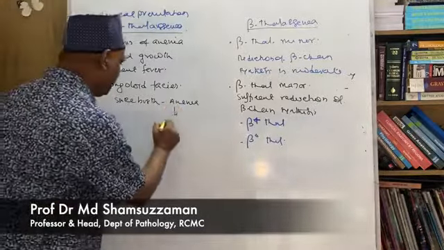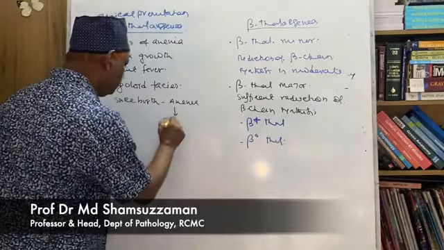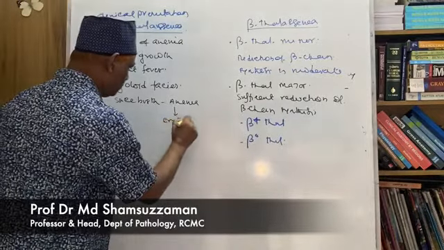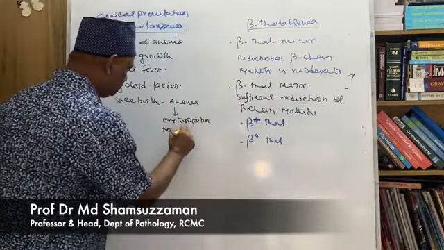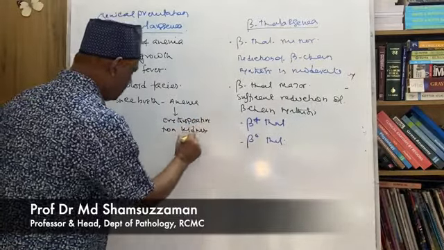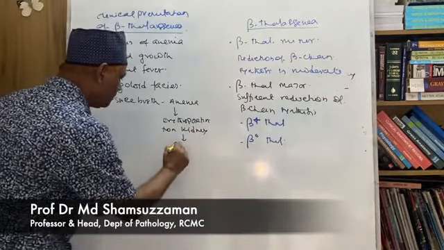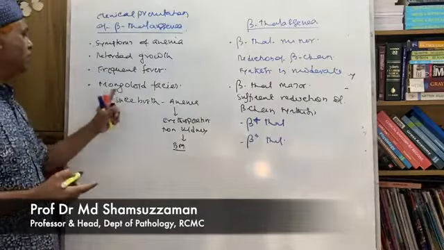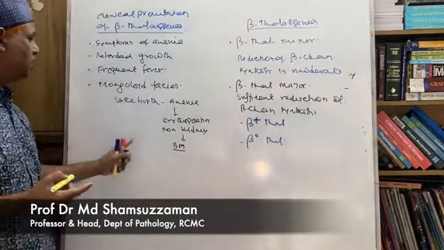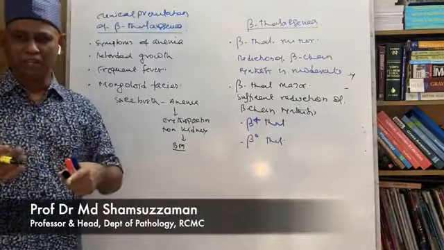And due to anemia, there is synthesis or production of erythropoietin from the kidney, you know, from physiology. And this erythropoietin acts upon the bone marrow. As the erythropoietin acts upon bone marrow, the bone marrow undergoes hyperplasia.